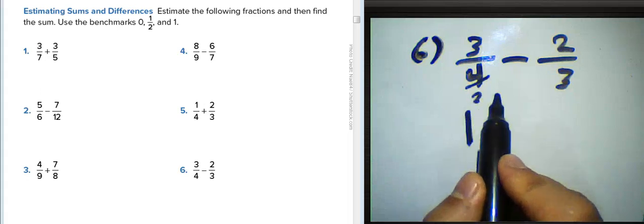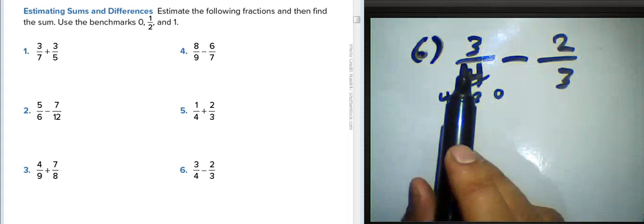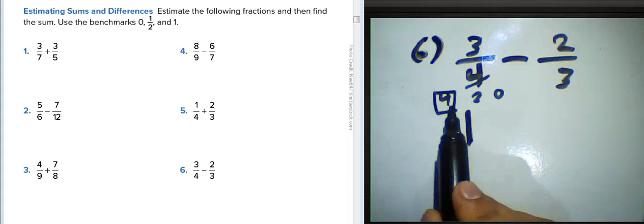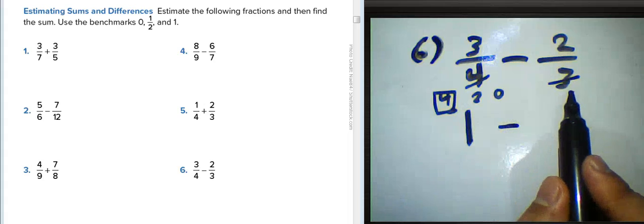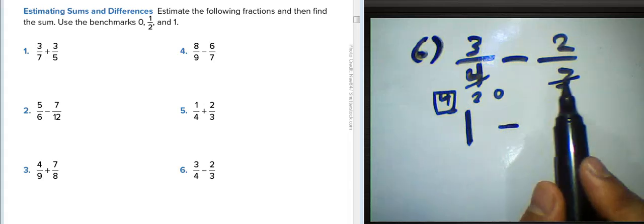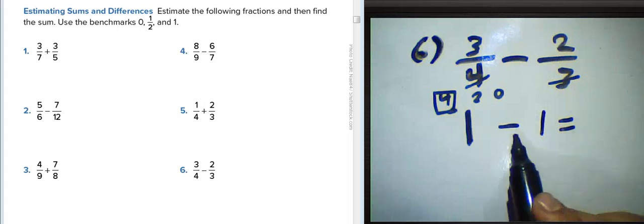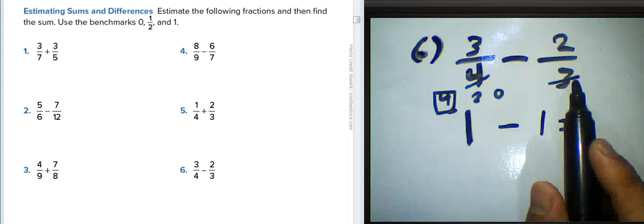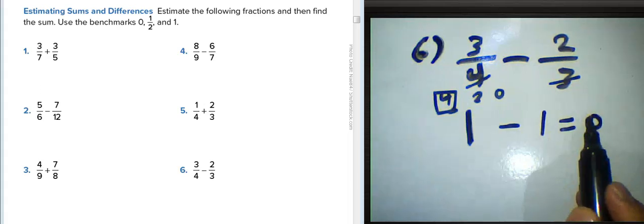We know half of 4 is 2, and we write 0 and 4. 3 is nearest to 4, because it lies between half of 4 and 4, so we approximate it as 4 divided by 4 equals 1. For 2 over 3, as in the last example, we approximate it by the benchmark 1. 1 minus 1 equals 0.